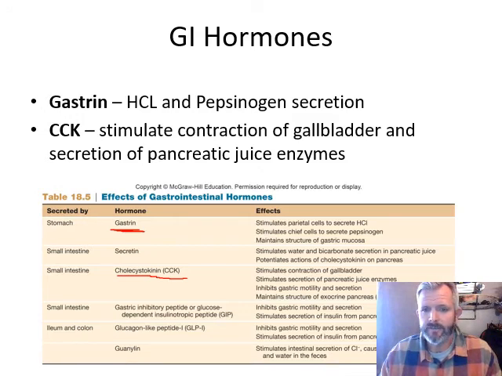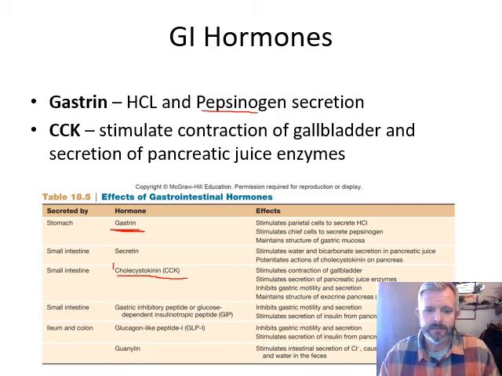It's going to activate the cells that release pepsinogen. So if you eat food, you're going to start getting secretions. That's going to stimulate gastrin to secrete, and it's going to stimulate the parietal cells to secrete HCl, and the chief cells secrete the pepsinogen.